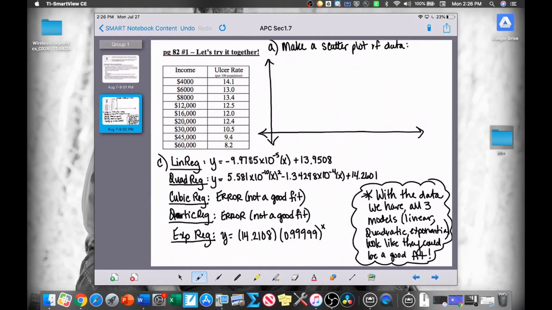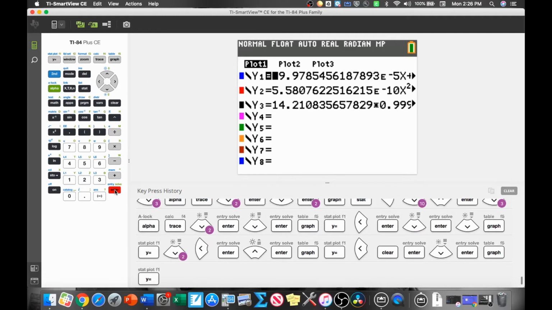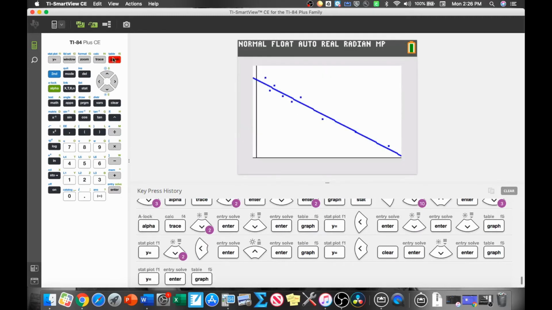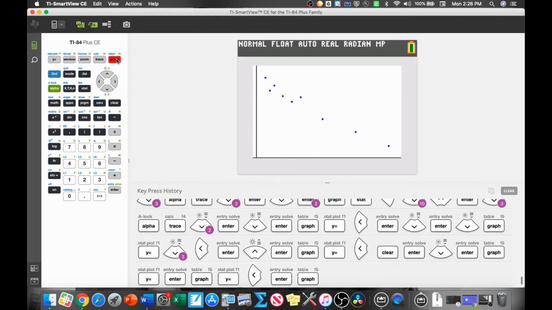And if you'd like to, you can actually use the graphing calculator to help you with this, because we already kind of have a picture here. If we just go to y equals and we turn off all 3 regression curves and we just look at that, we can kind of copy what that looks like. This doesn't have to be perfection here. It can just be approximate.